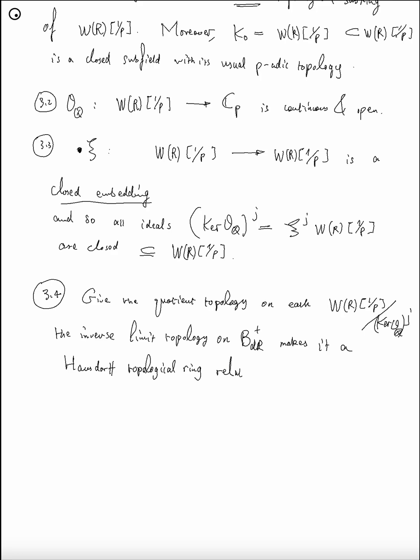relative to which we have firstly the powers of the maximal ideals are closed. We're talking about the quotient topology. We're talking about the inverse limit topology.